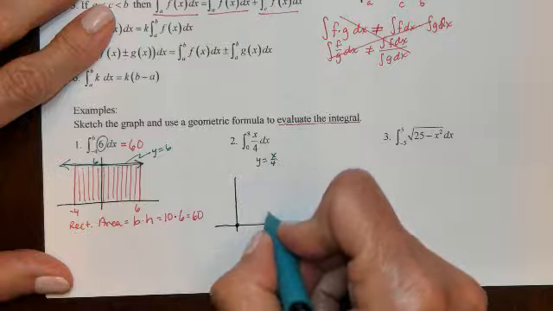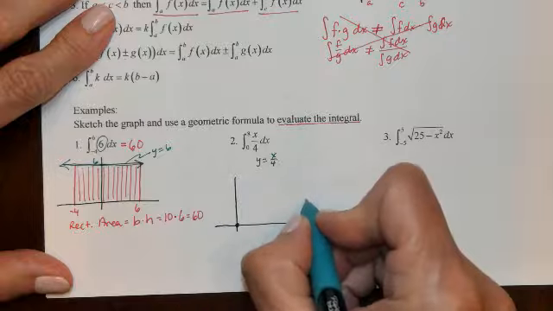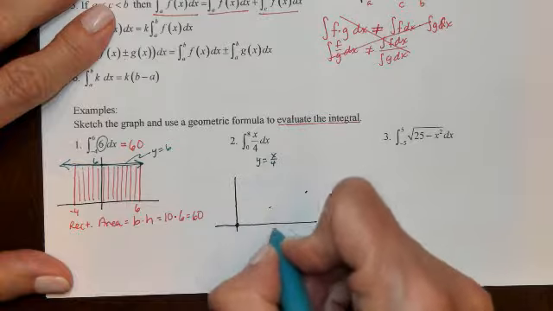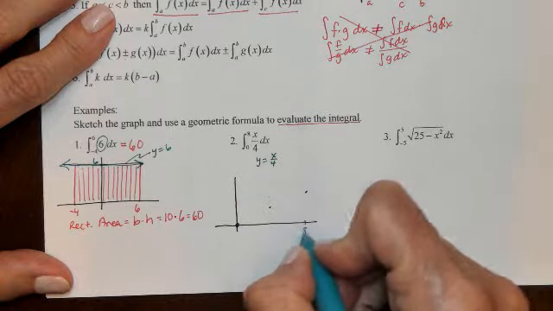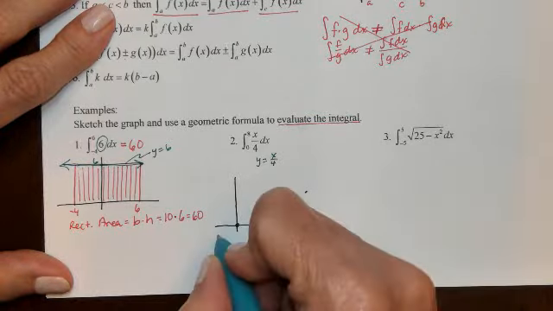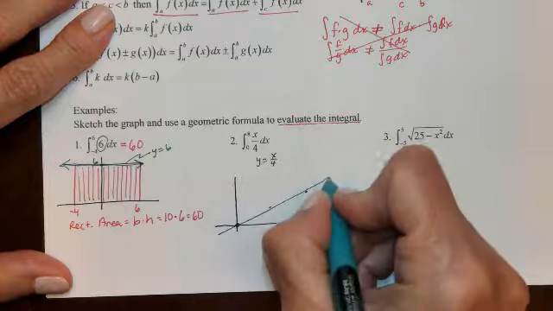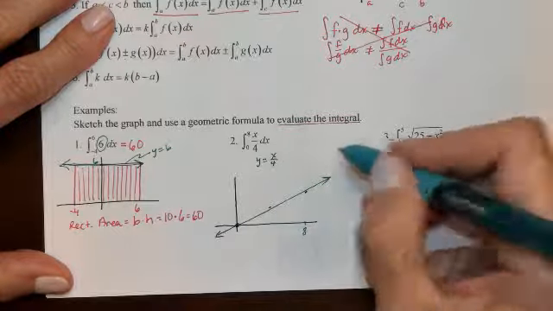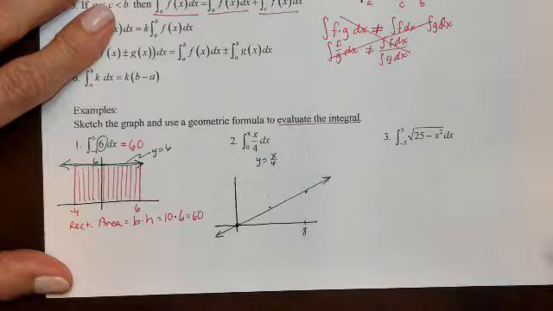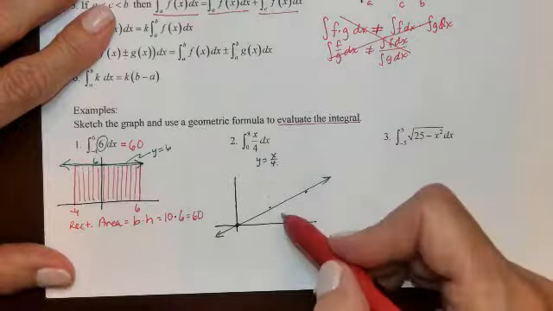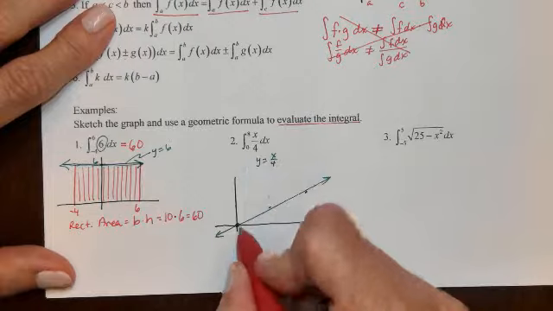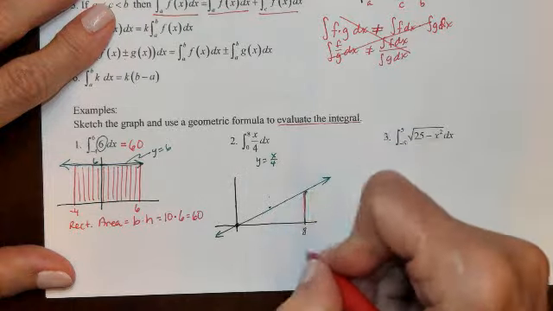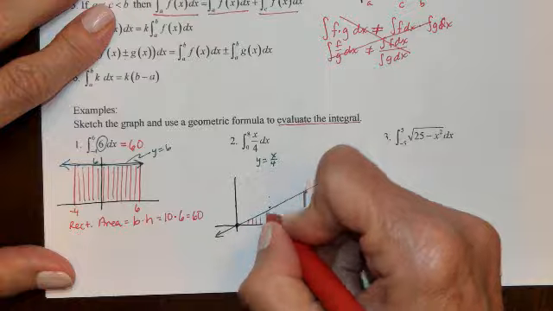So up 1 over 4, up 1 over 4, and that will take us to 8, right? So there's my graph of y equals x over 4. We want to find the area underneath this curve from x equals 0 to x equals 8. So we're finding this area.